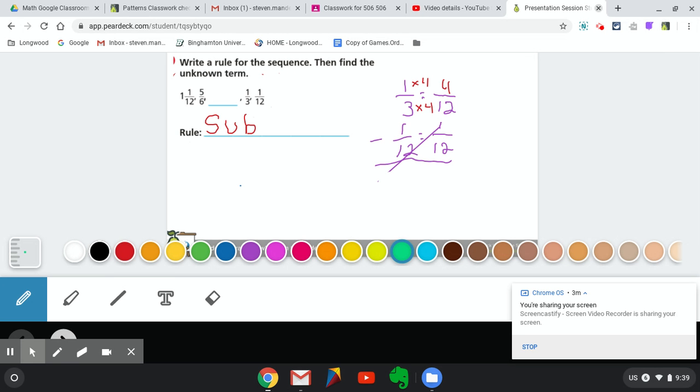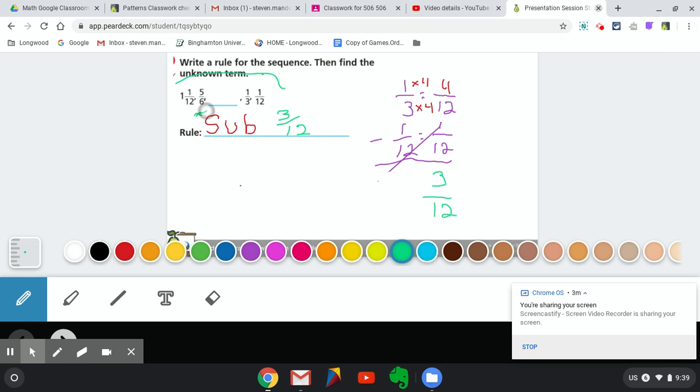So my top one here, 3 times 4 is 12. So that means I have to multiply 1 by 4, right, to get my numerator. So now that I have the same denominator for them here, I can go ahead and subtract. 4/12 minus 1/12 is 3/12. So that's the number that's going with the rule.